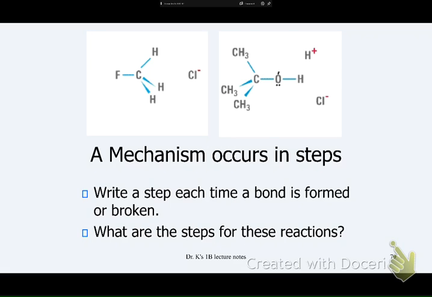Now, if there had been a coefficient of 2 here, this would have been squared. So in the elementary steps, the coefficients give us the orders. So they're the same as the stoichiometric coefficient.